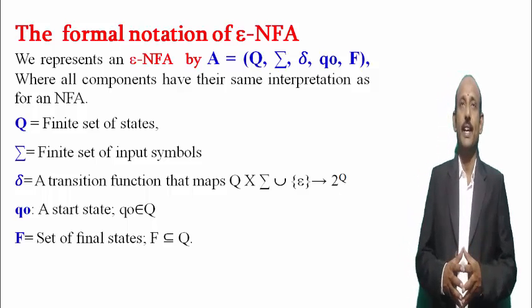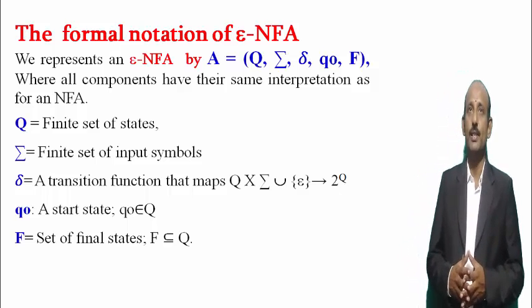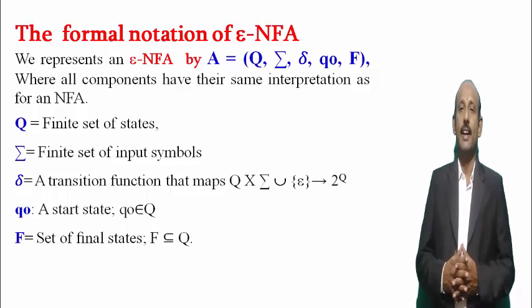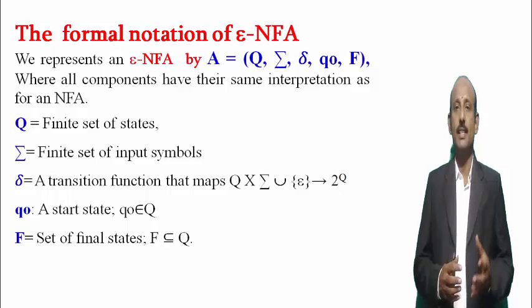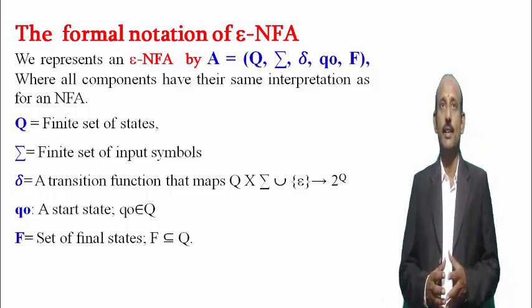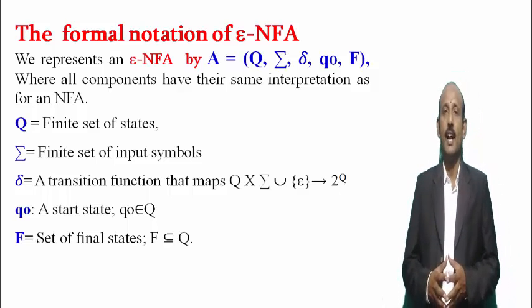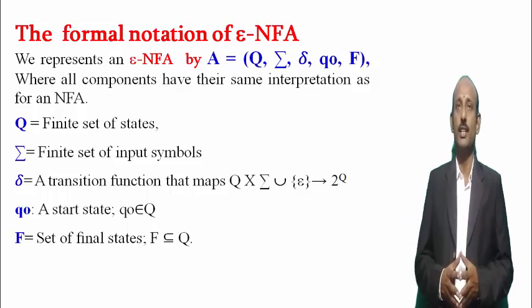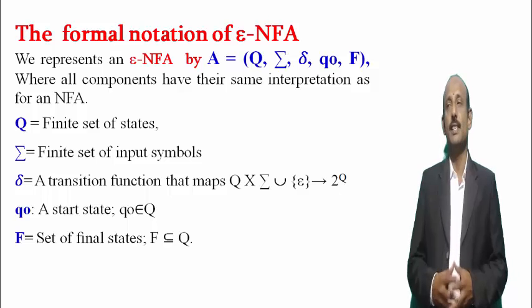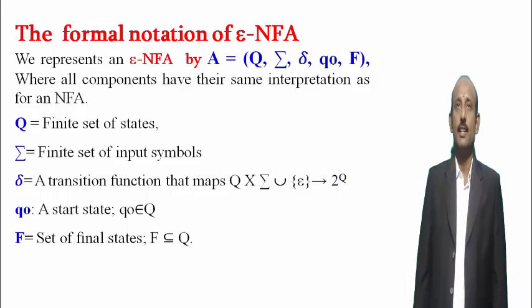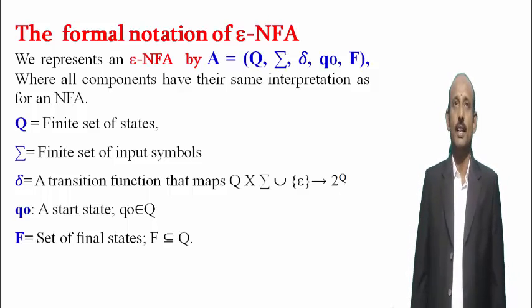It contains the tuple Q, sigma, delta, Q naught, F, where Q is a finite set of states, sigma is a finite set of input symbols, delta is a transition function, Q naught is the starting state, and F is a set of final states.